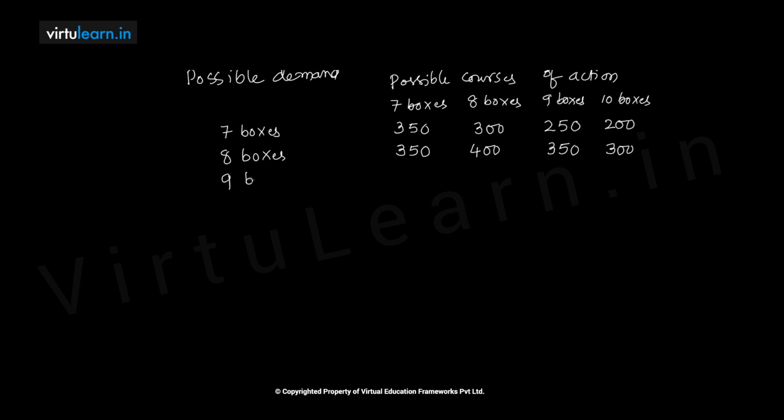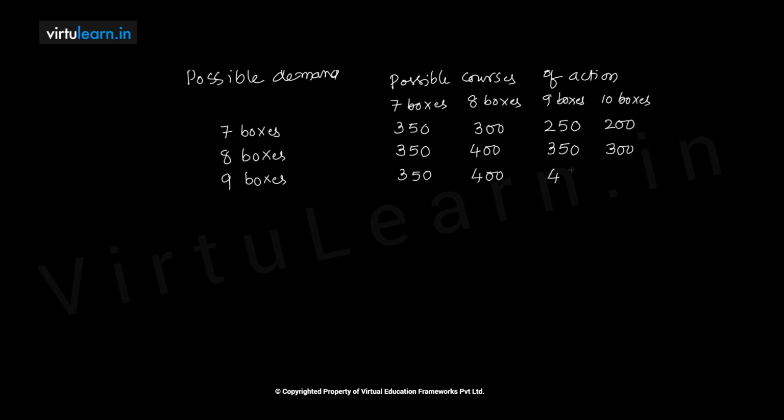Now the possible demand we will check. There might be a demand for 9 boxes. So here also 350, because in spite of demand being 9 boxes, since the vendor has brought only 7 boxes, he could sell only 7. 2 boxes are lost opportunity, but there is no loss out of that. So here 8 boxes means 400 rupees is the profit, because 1 box was not available, he could not sell.